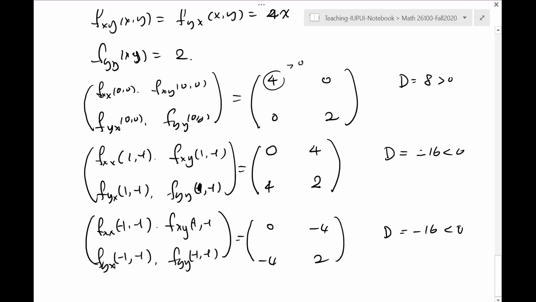So in that case, this is a local minimum point, local minimum. Okay. If you talk about the point, then local minimum point. If you talk about the value, you get the local minimum value. Okay. When D is negative, look at that. When D is negative, it says that it's not a local maximum or local minimum value.